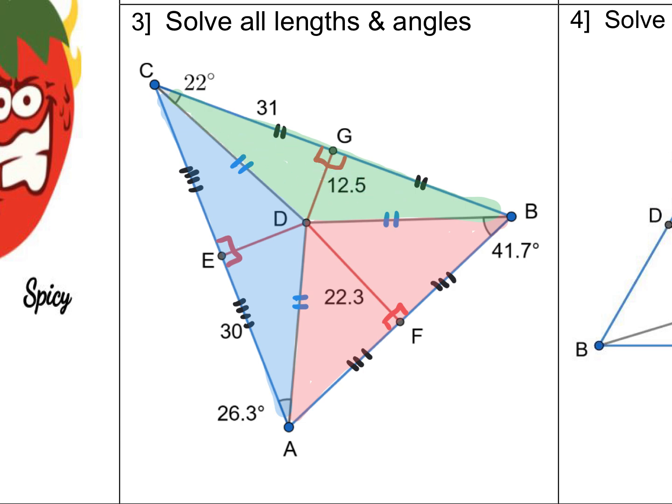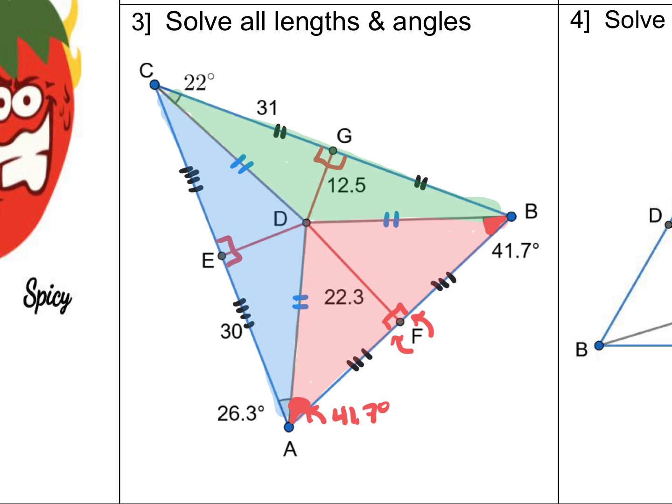All right. So now, the first thing that I want to do is look at my angles. So if I look at the red triangle, I have a red angle right here that is 41.7. So that means this guy is also 41.7 degrees. And because I know that the interior sum of a triangle is 180, I can find that second angle.